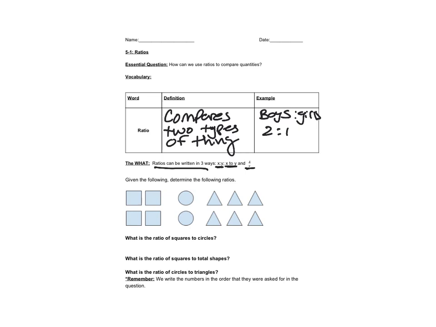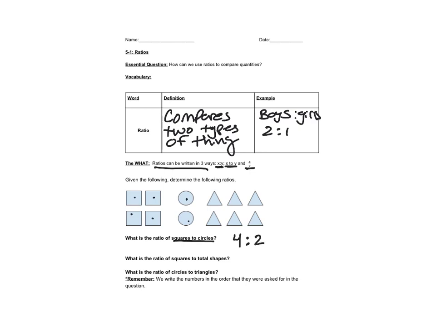Okay, so if we have these shapes here, we're just going to answer some basic questions about the relationship between these shapes. So the first question here asks us, what is the ratio of squares to circles? Okay, so we want to find the number of squares, 1, 2, 3, 4. There are 4 squares to 2 circles.